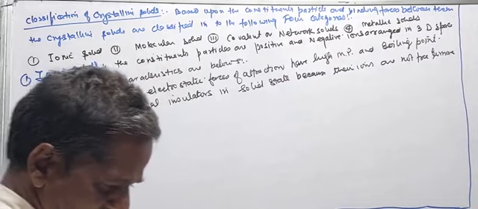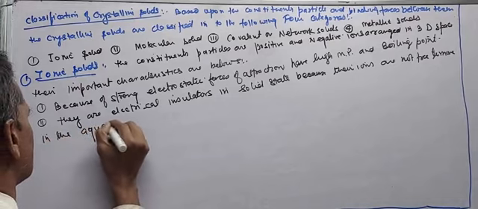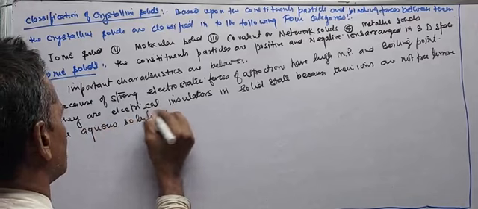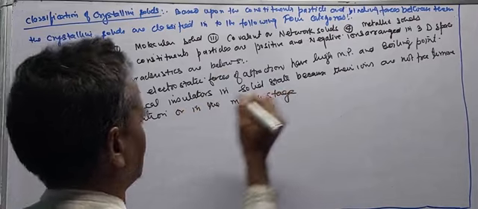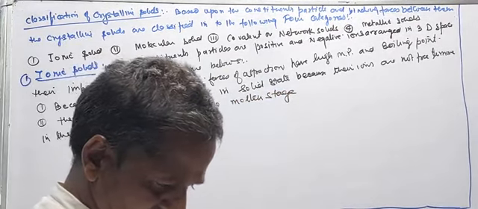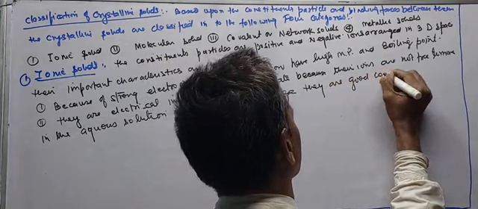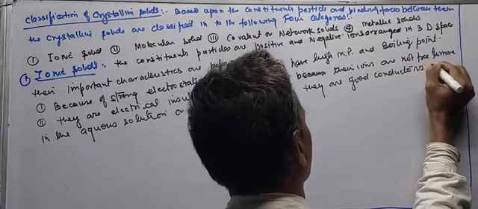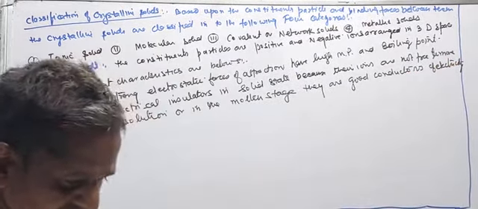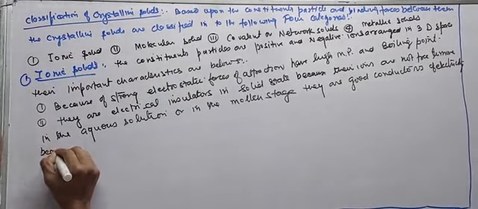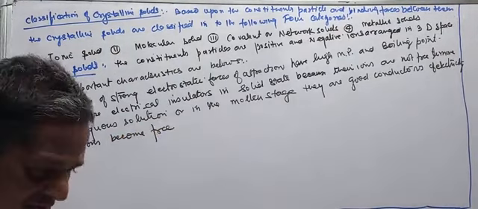In the aqueous solution or in the molten state, they are good conductors of electricity because ions become free.